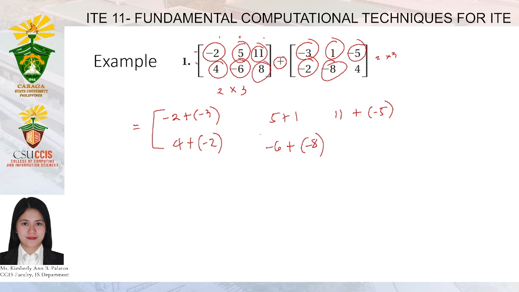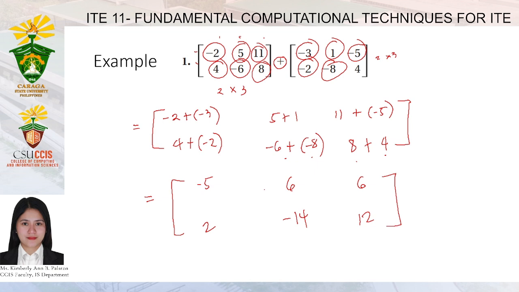Next, 8 plus 4, and then put a square bracket. So, let's evaluate. That will be negative 5, and then next is 6. Next is still 6. And then, we have 2, negative 14, and 12. So, that will be your final answer.